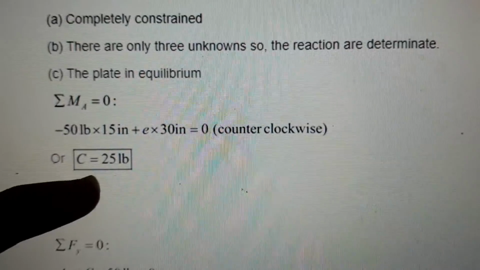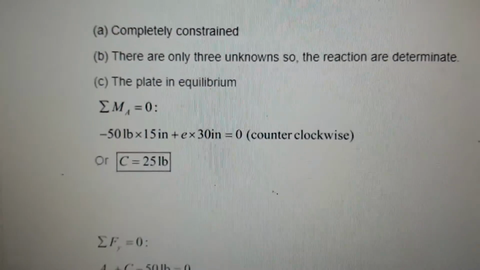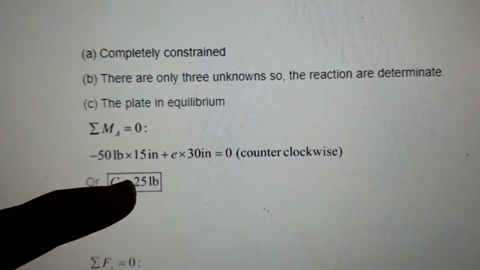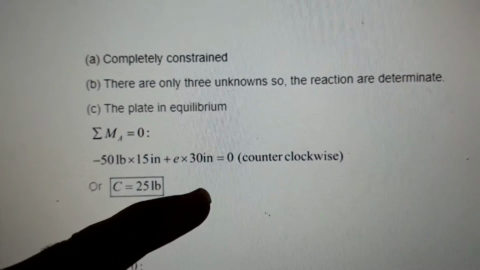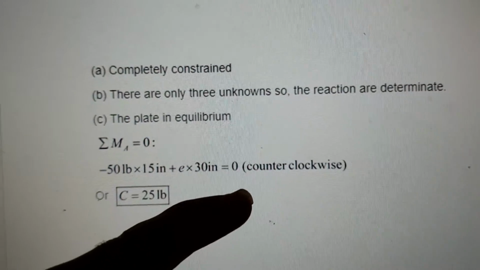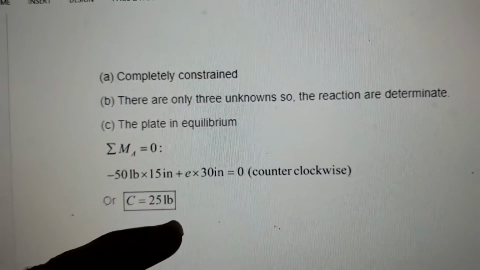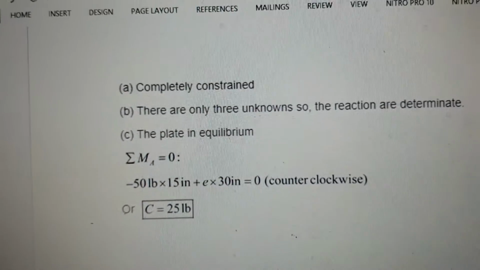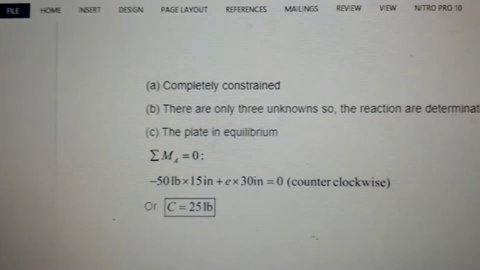And that would give you C is equal to 25 pounds. Because if you take this one to the opposite side, 30 and 15, 2 is down, and okay, C is equal to 25 pounds.